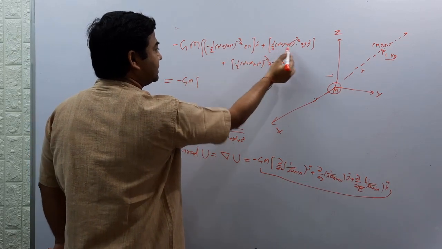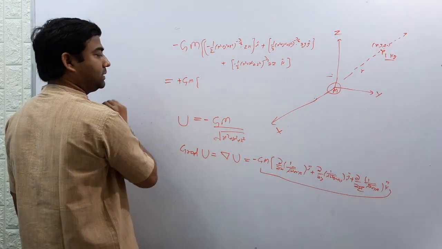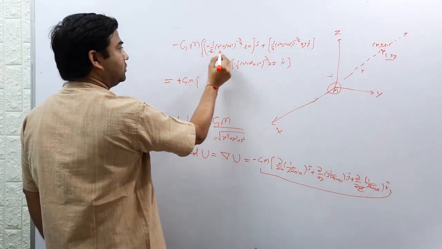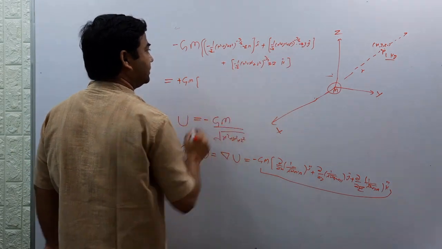This minus is everywhere, so you can take this minus out, so this will be plus 1 by 2 everywhere. This 1 by 2 cut it, this 1 by 2, this 1 by 2.